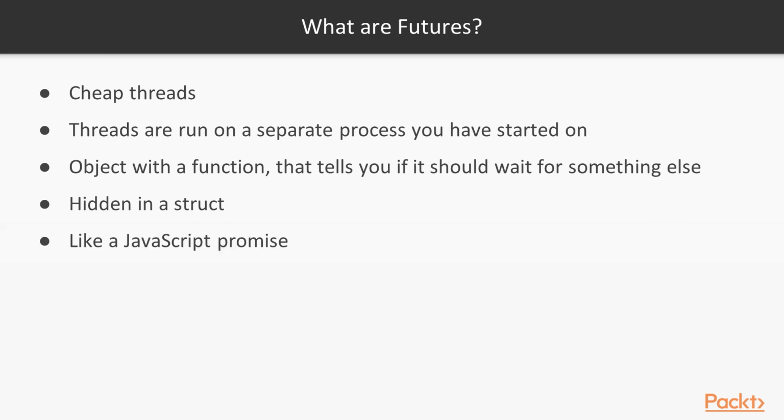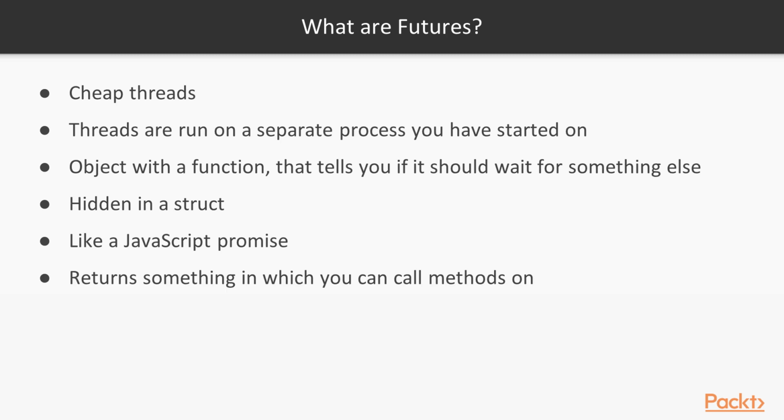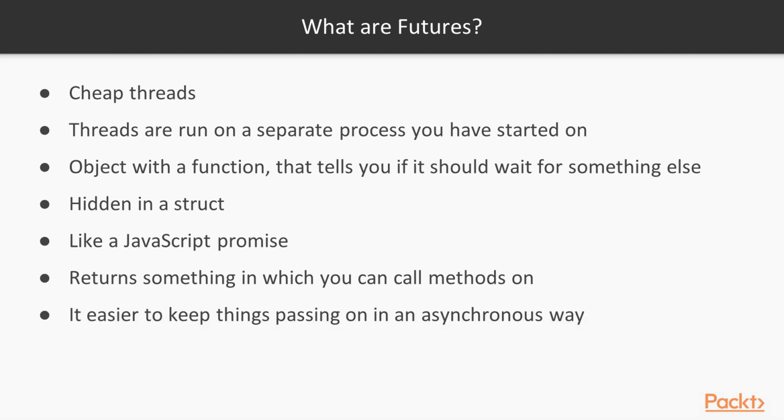It's a lot like a JavaScript promise. If you've used promises, where you can make a function asynchronous and that will return a promise object, a future is very similar to the promise object. It returns something which you can then call methods on, like once you're done with that, do this with the result, which is the function then, and other things like that, so you can keep everything passing on in an asynchronous way.